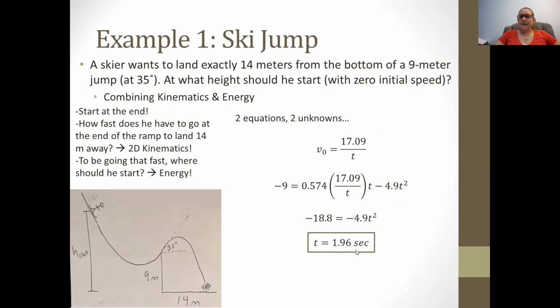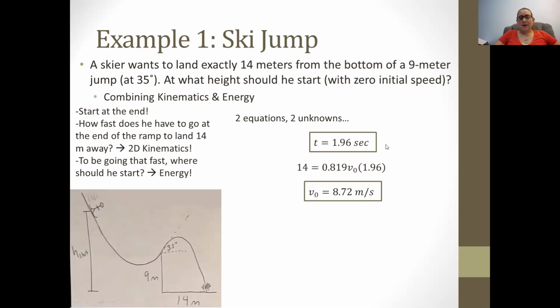Now, they didn't necessarily ask for the time, but it is helpful to know because now that we know the time, we can plug that back into our x equation and solve for v0 to get 8.72 meters per second. Okay, so that means that at the bottom of the ramp here, like when he leaves the ramp, he must be moving with an initial velocity of 8.72 meters per second if he's going to make it 14 meters.